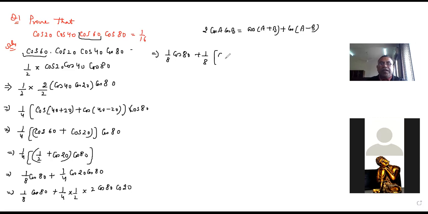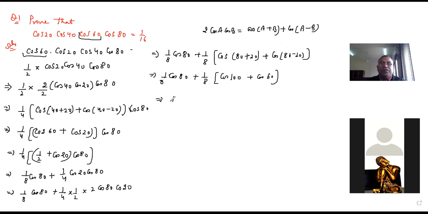This is cos A plus B plus cos A minus B, plus 1 by 8 cos 100 plus cos 60.